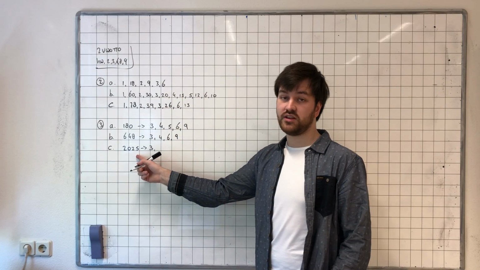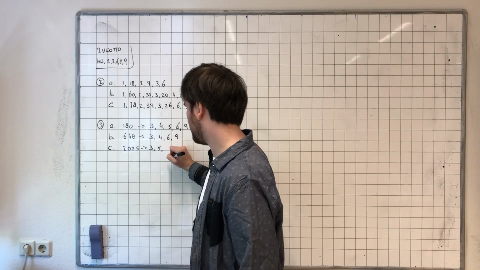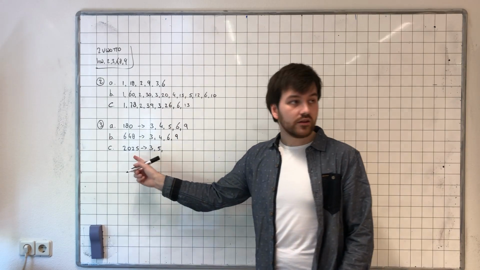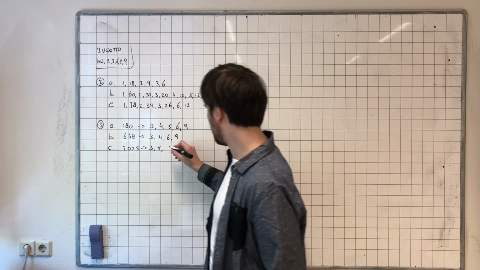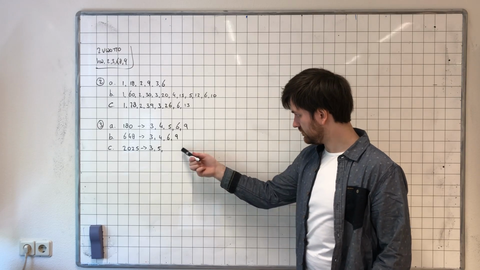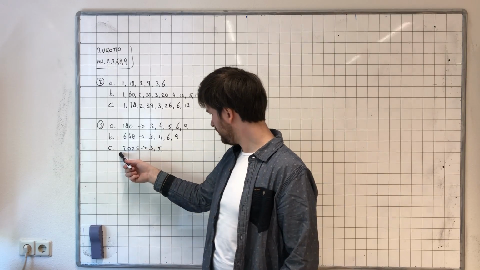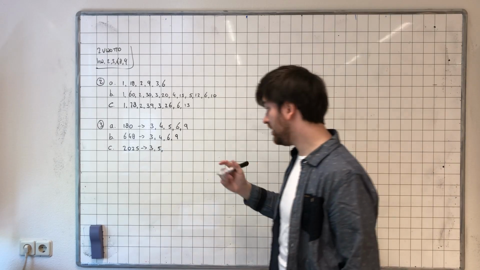The last digit itself is a 5, which means we can divide it with 5. Since we can't divide this with 2, we also are not allowed to divide it with 6, so I'm going to exclude that one. This one, 9. All of these digits added up together gives you 9, and we can divide it with 9.